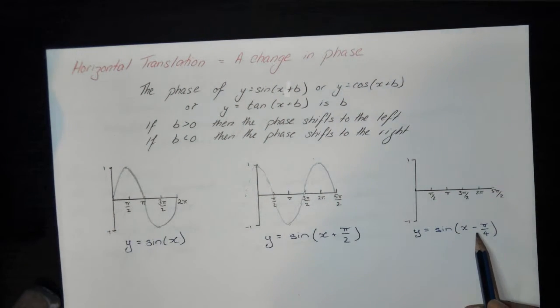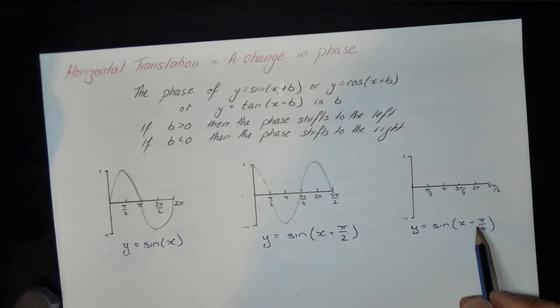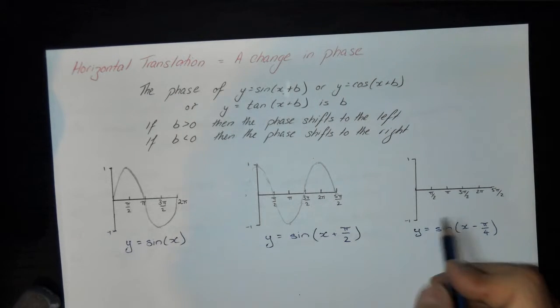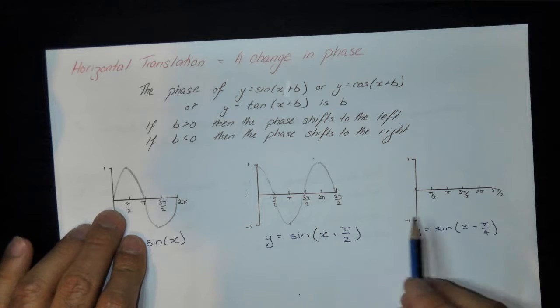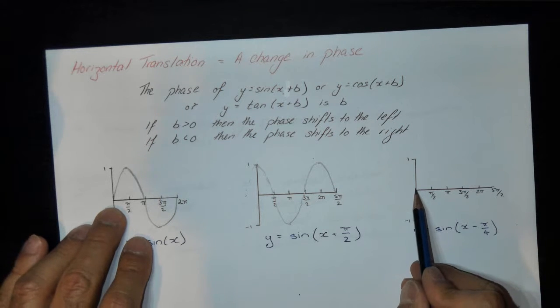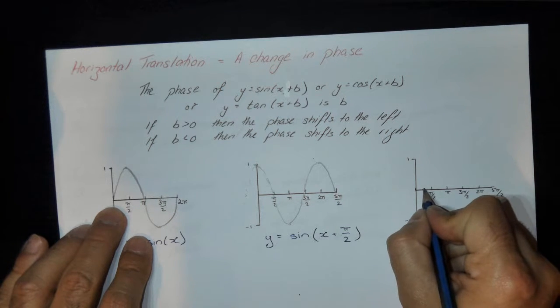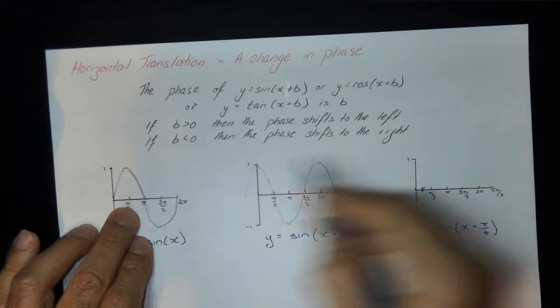Here we've got pi on 4. Okay, we're going to move it to the right by a quarter of pi. Okay, so here that's 1.